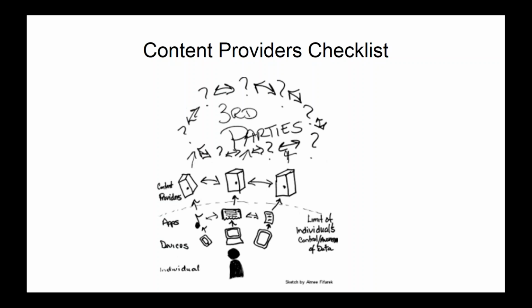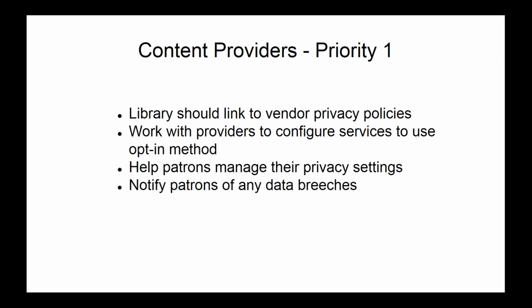But we want to make sure that users understand when someone is observing their reading behavior, and give them options about whether they want to participate in that. Next slide, please.